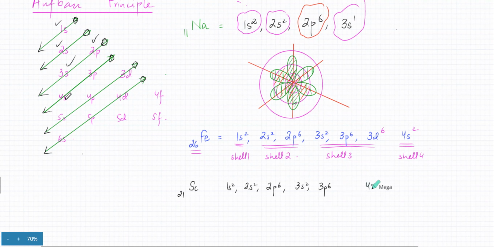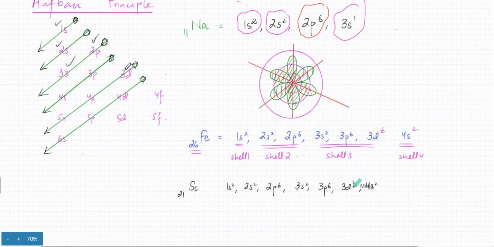So keep room for the third shell. So 4s would be filled. Now you have 20 electrons, so there's 1 electron left. So after 4s, what do you get? You get this 3d. So 3d would have just 1 electron. So that's how you write the electronic configuration.